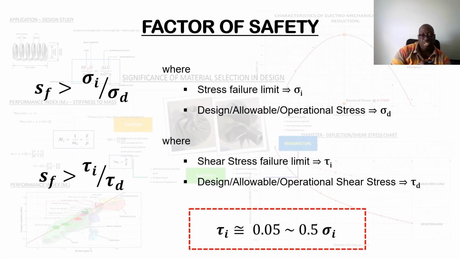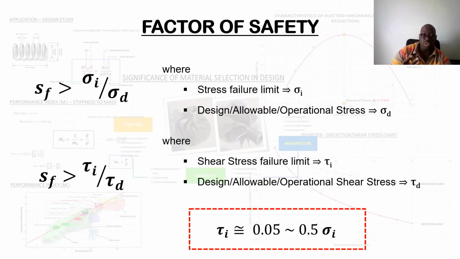So as I more or less pointed out, what constitutes the variables within the formula for working out the safety factor? Sigma f is basically the defined stress failure limit. So that could be the yield limit, that could be UTS.